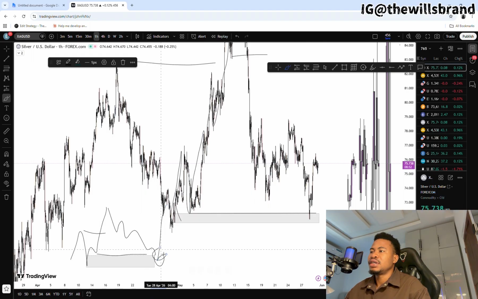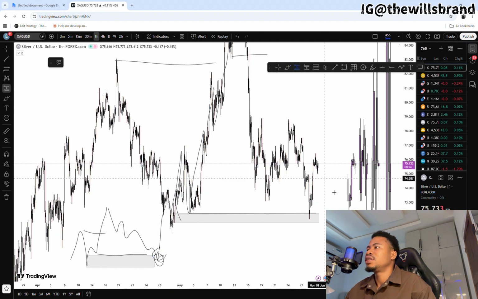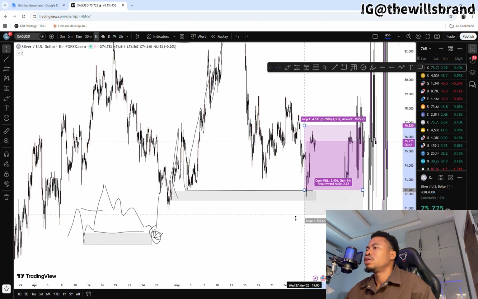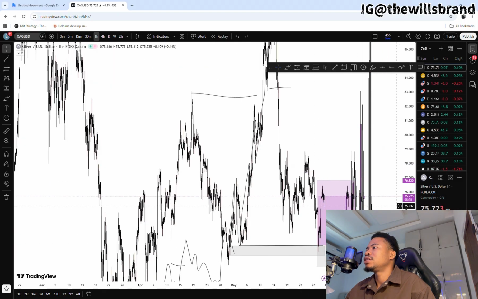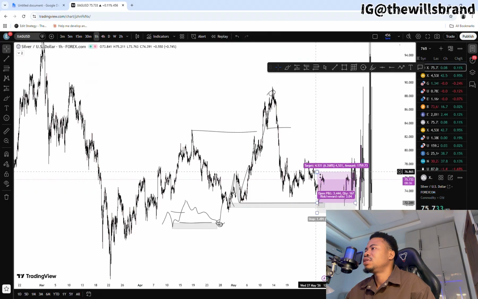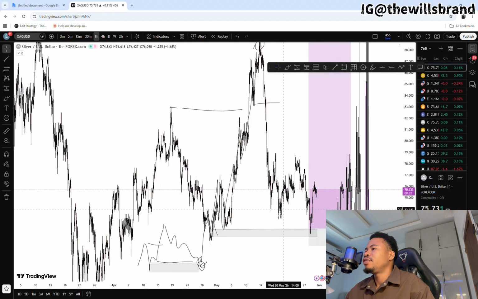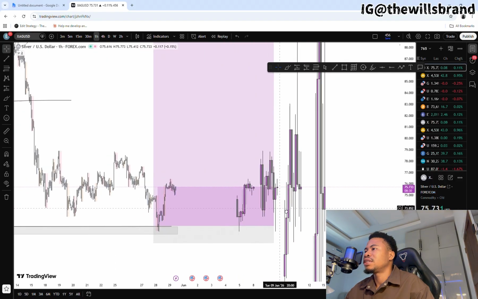If you also want to use the break and retest method where you have to wait for confirmation, fine. But if we're to take this trade now, this is where we'll be taking the trade. Our stops on this protected low, then we target the next drawn liquidity, which is the external range liquidity, which is this high.